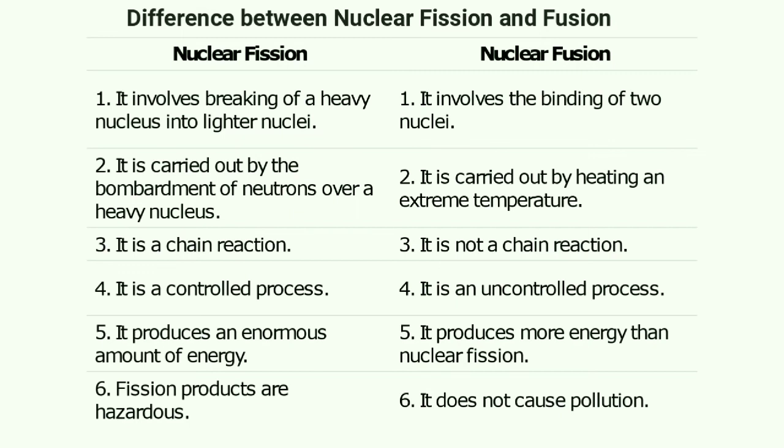Fission is a chain reaction and is a controlled process, whereas fusion is not a chain reaction and is an uncontrolled process. Fission produces an enormous amount of energy, whereas fusion produces more energy than fission. Fission products are hazardous, whereas fusion products do not cause any pollution.